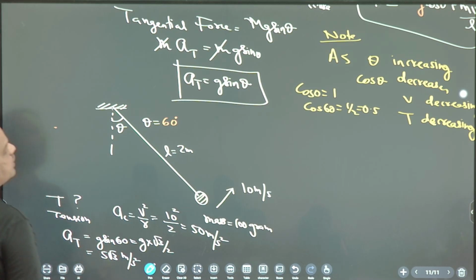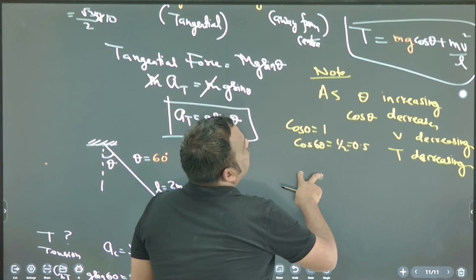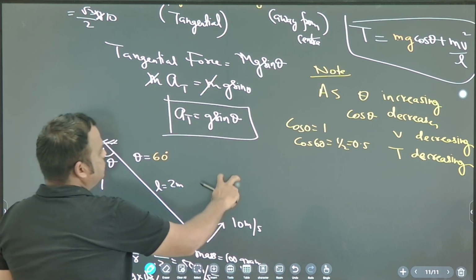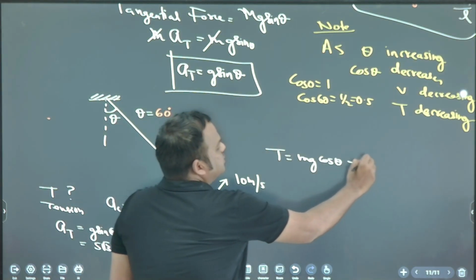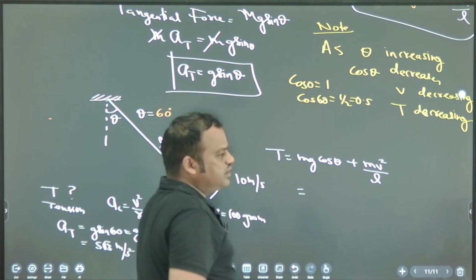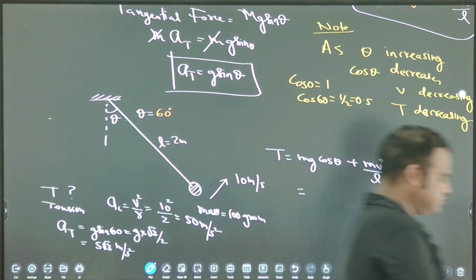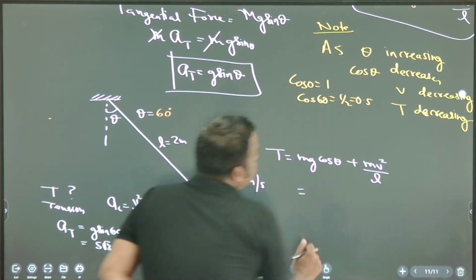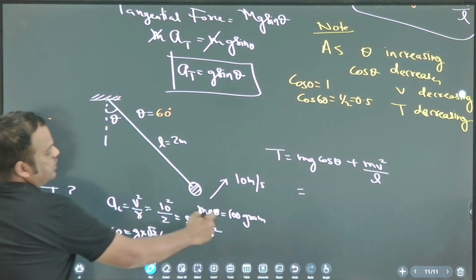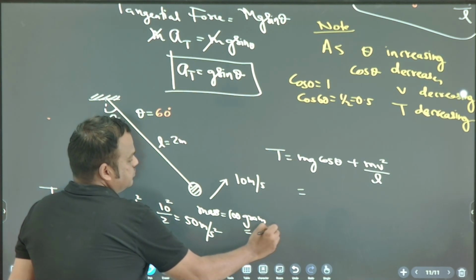Now how to calculate tension? T is equal to mg cos theta plus mv square by L. Do it. Mass is what? Convert to kg, 0.1 kg.